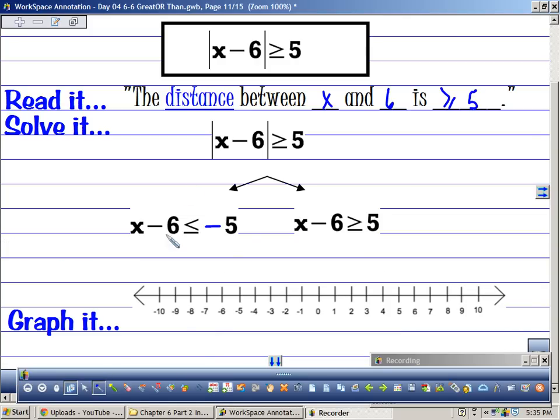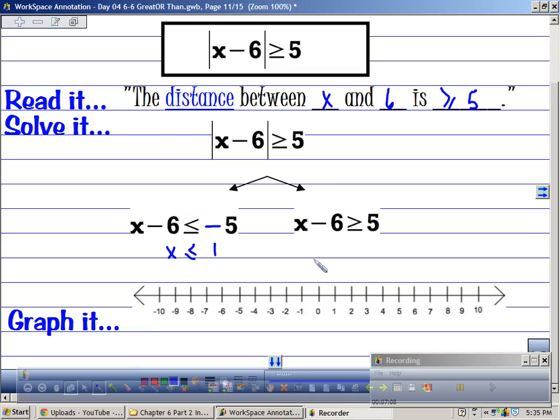If I were to add 6 to both sides, I would get x is less than or equal to 1. And if I were to add 6 to both sides of this inequality, I would get x is greater than or equal to 11.